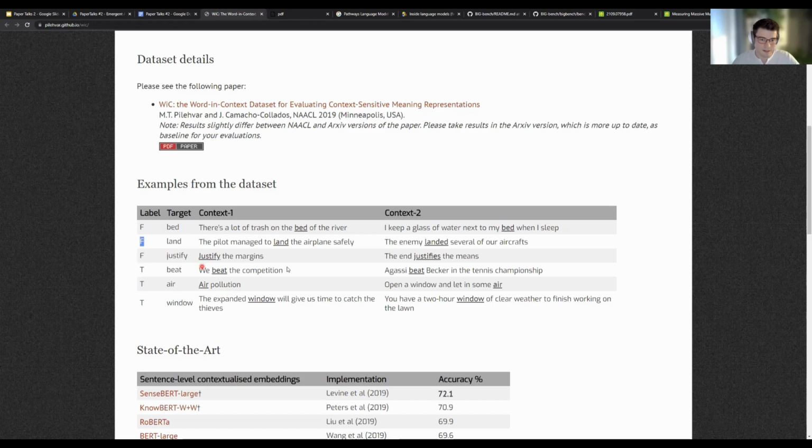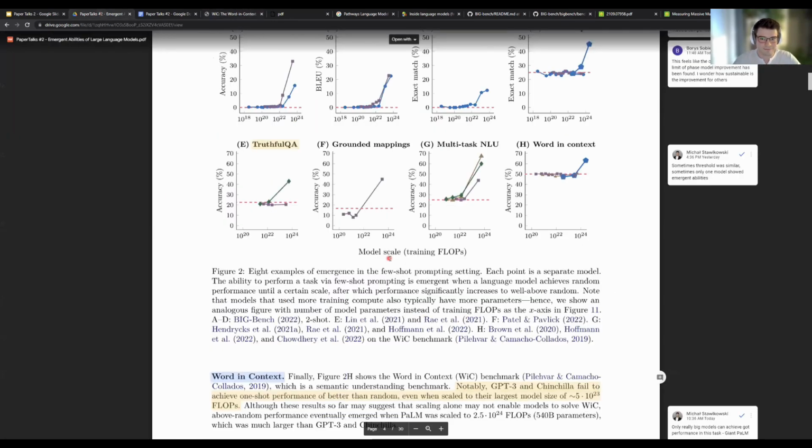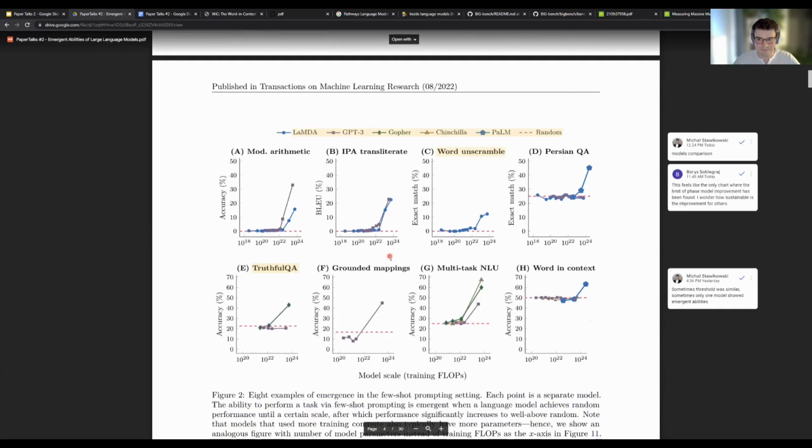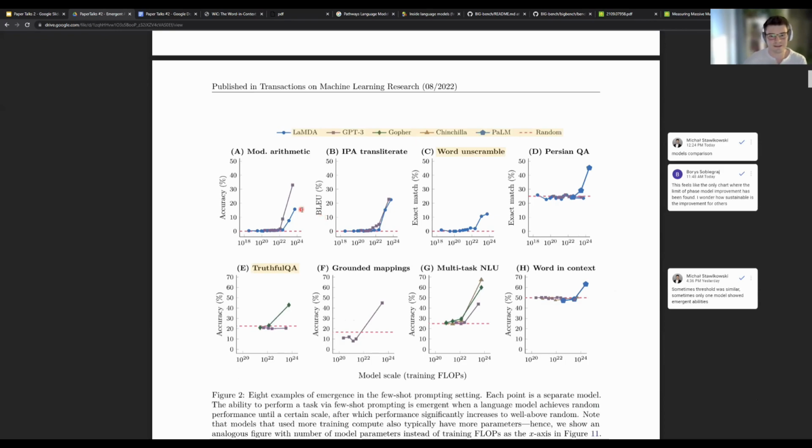Like we beat the competition, and Agassi beat Becker in the tennis championship, which is the same. So it's actually also not that easy. Yes, and here we can see the actual results from these different tasks.